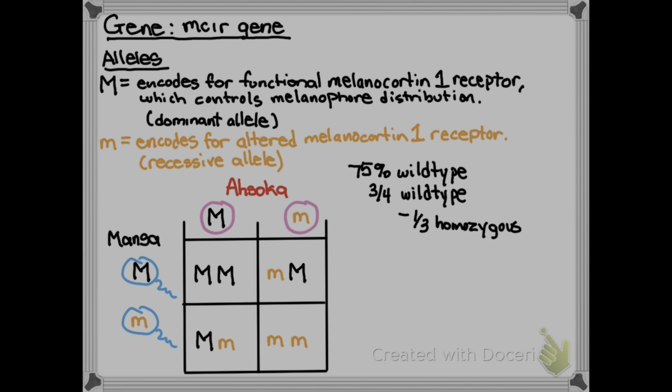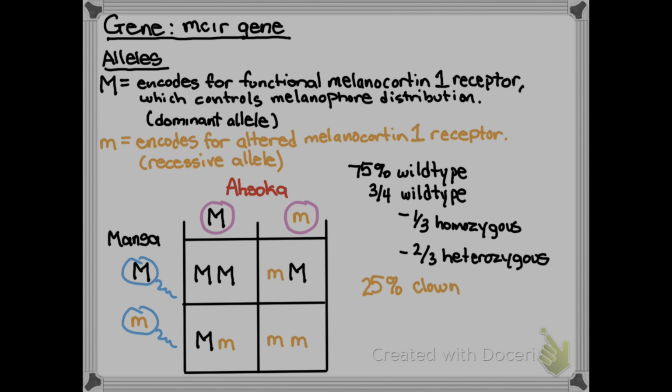Looking a little bit closer at the genotypes of these three individuals, one of the three that would have a wild type phenotype has the probability of being homozygous dominant, and the other two of the three have a possibility of being heterozygous for the clown allele, or carriers of the clown allele, the recessive allele.